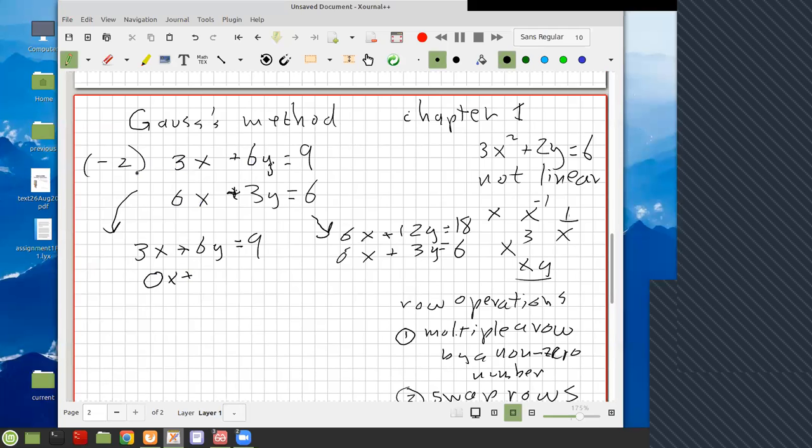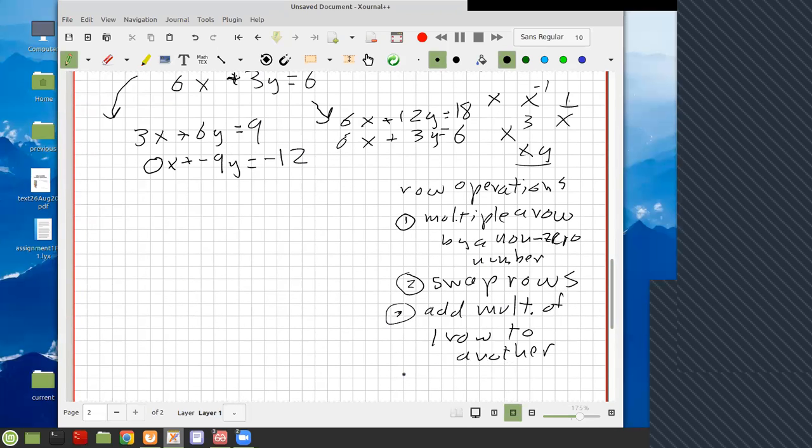Plus -12y plus 3y is -9y equals, I have to then do the same thing on the other side. -2 times 9 is -18. -18 plus 6 is -12. Okay, so do you see what I did there? I didn't change the first row, but I added -2 times the first row to the second row. That's the third operation.